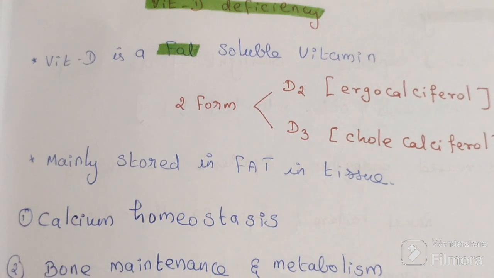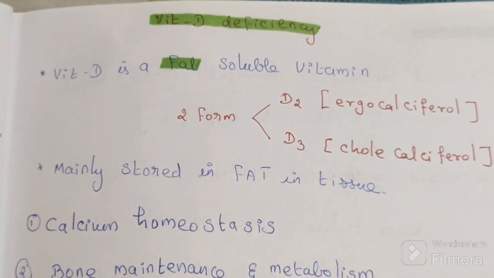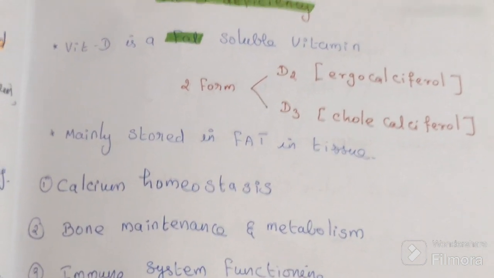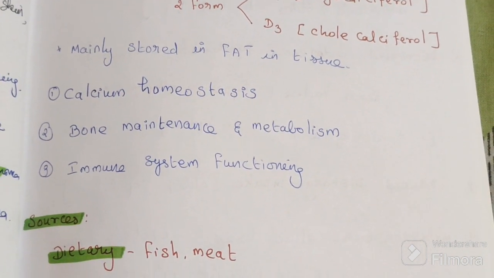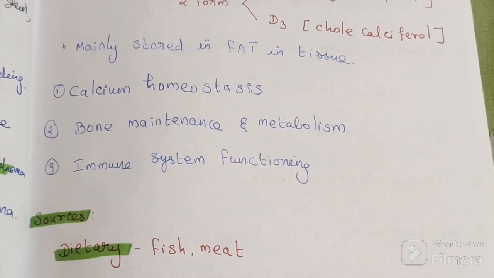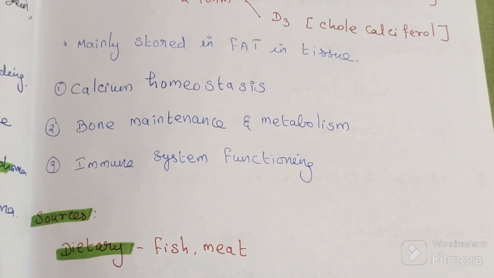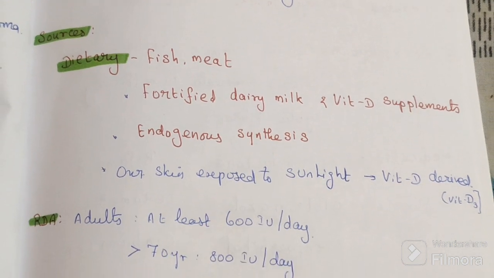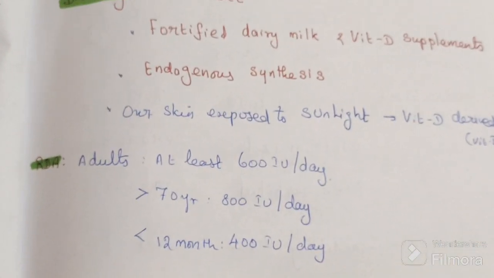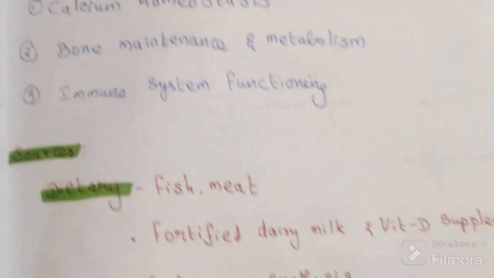So in this video we discussed vitamin D deficiency. Vitamin D is a fat soluble vitamin. It exists in two forms, and it is stored in fat tissue. Then sources, then recommended dietary allowance.